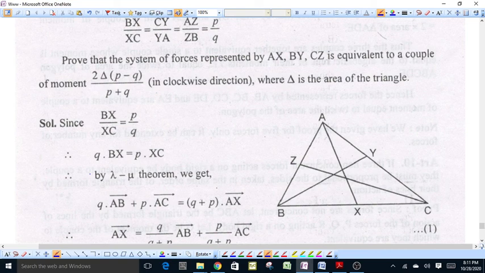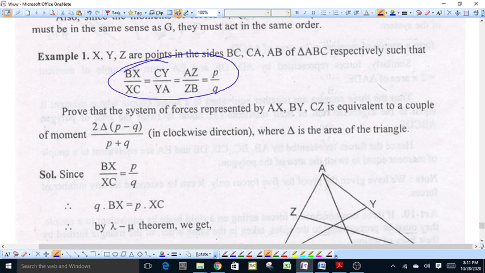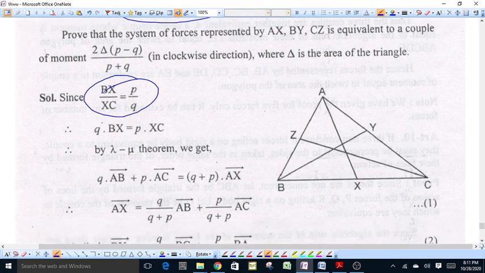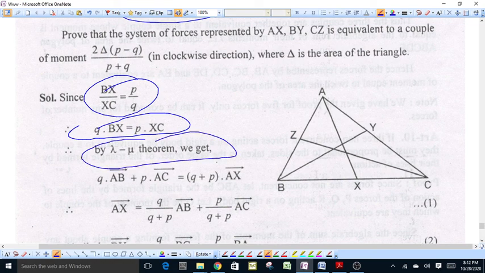Because this ratio is equal to P upon Q, this means BX upon XC is equal to P upon Q. From this we can write Q into BX is equal to P into XC. Then by the lambda-mu theorem we get Q into AB plus P into AC is equal to (Q plus P) into AX.